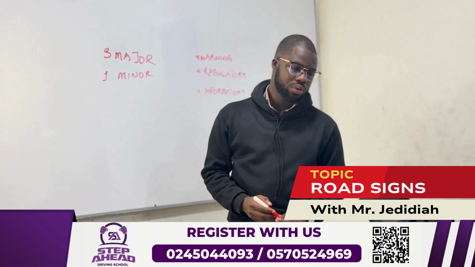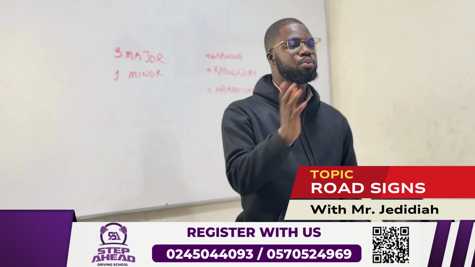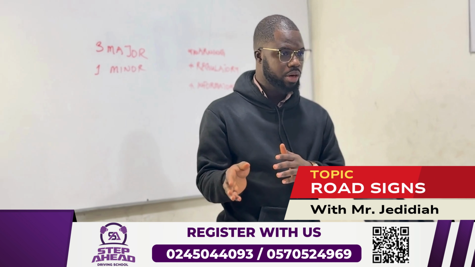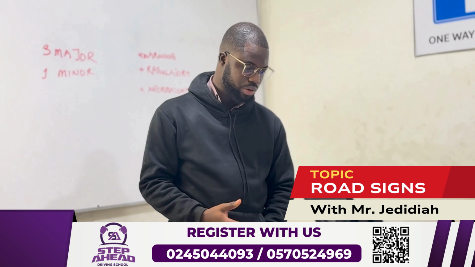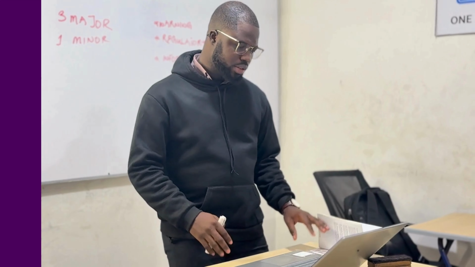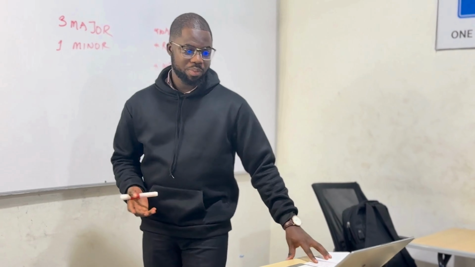Now note, with the regulatory, we have two types: both prohibitory and mandatory, right? When we get into that, I'll expand into details. Any questions on this? All right, so we are going to talk about the major signs now.